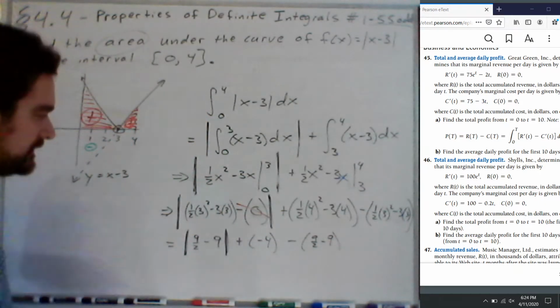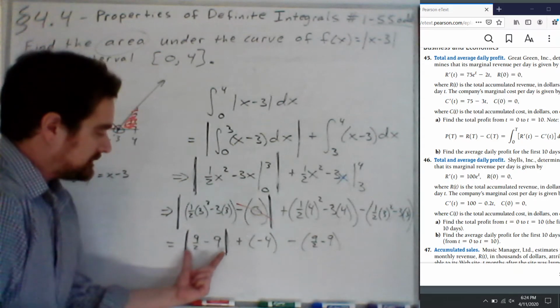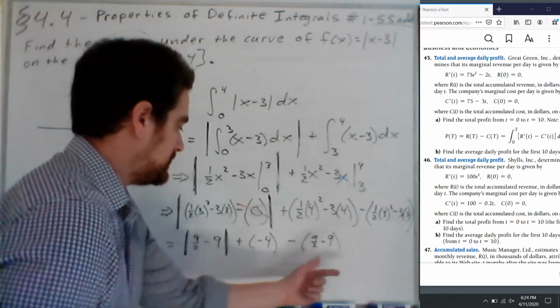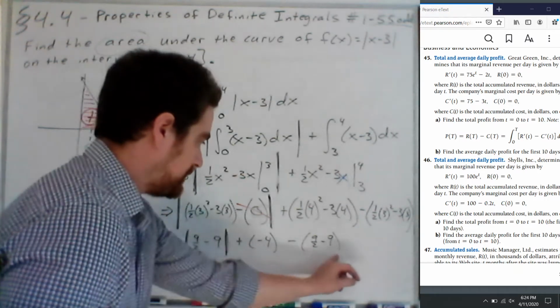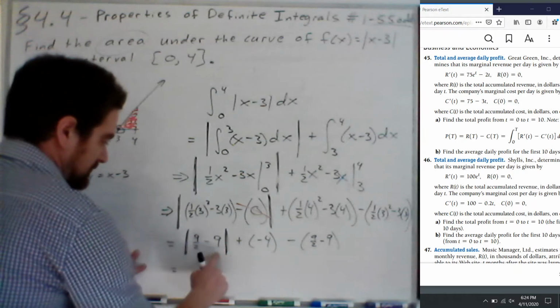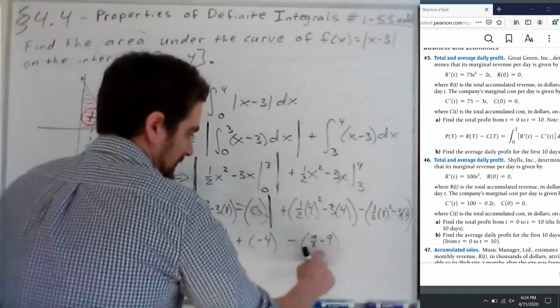So let's figure out what that value is. And that's why these don't cancel out. I don't have a positive version here and a negative version here. I need to figure out what this number is and what this number is, and take the positive version, because this is actually a negative value. This is also a negative value.